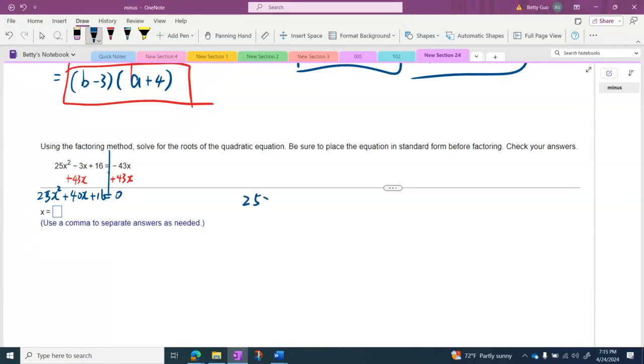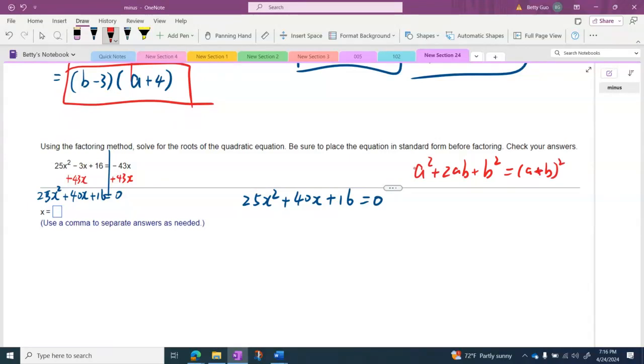So I have 25x squared plus 40x plus 16 equals 0. You know, there's a sign that this might be a perfect square trinomial.